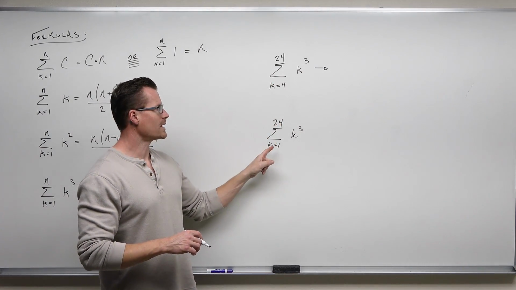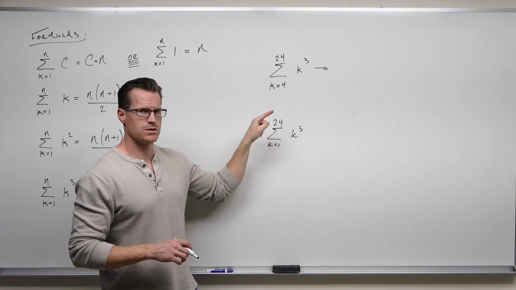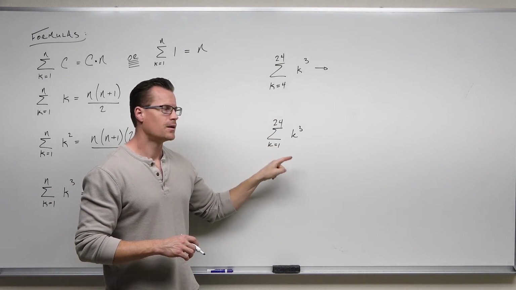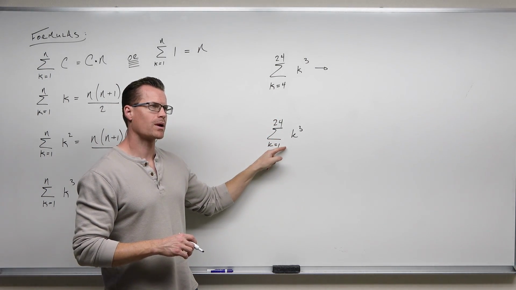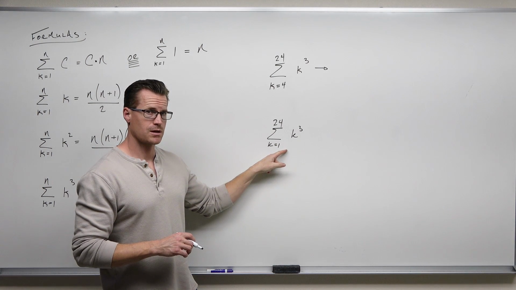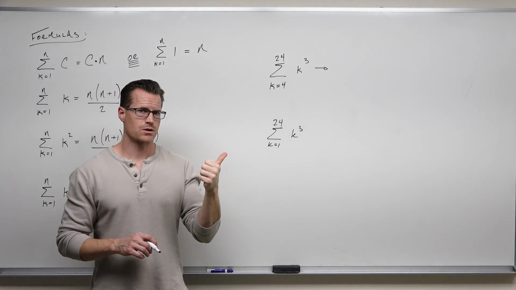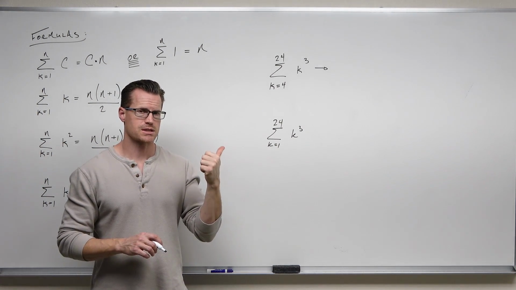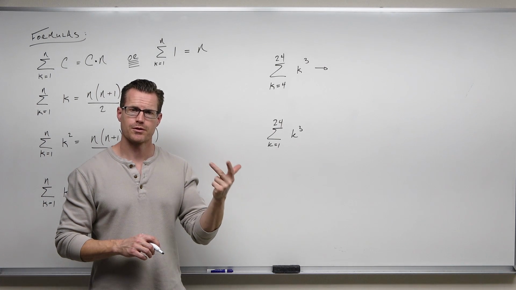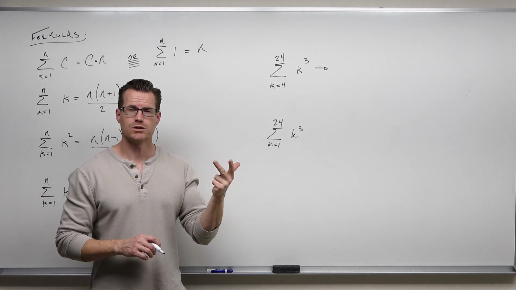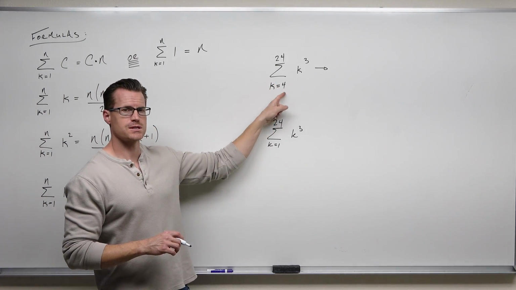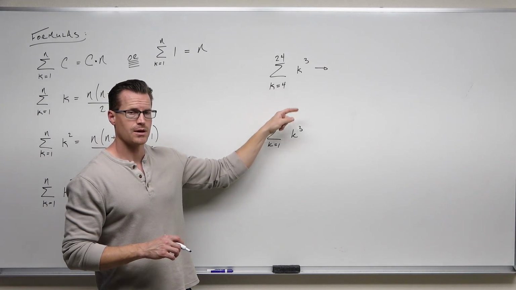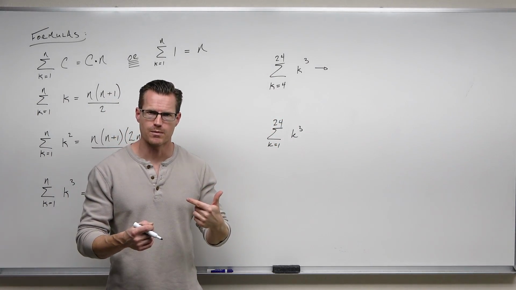So, what is this compared to this? Let's think about what I don't want out of this. I don't want the first term, I don't want the second term, and I don't want the third term in that series. I do want the 4th, 5th, 6th, 7th, 8th, 9th, and 10th. So here's how we can think about it.